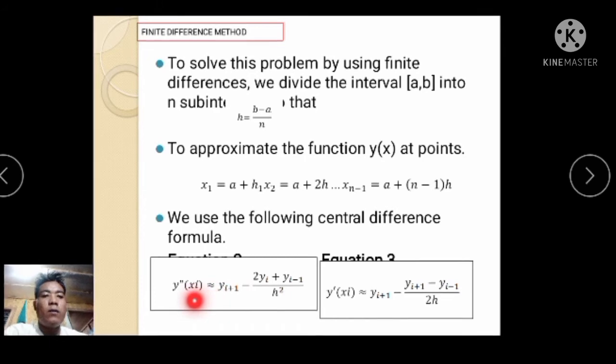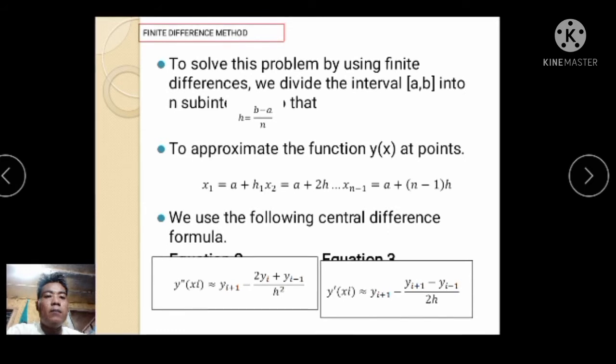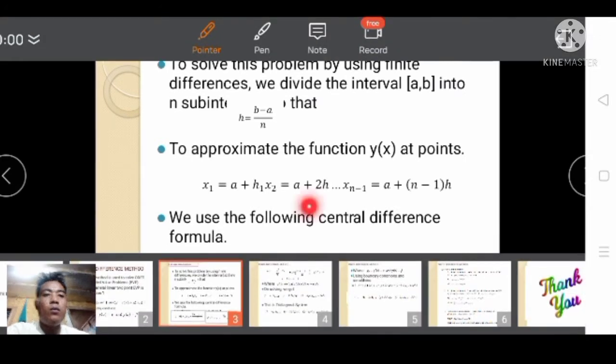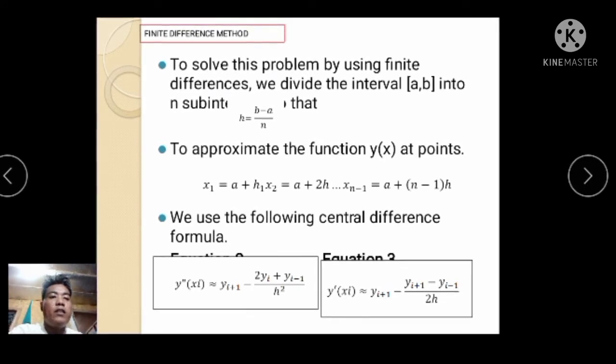Equation 2: y double prime of x sub i is approximately y i plus 1 minus 2 y i plus y i minus 1 over h squared.